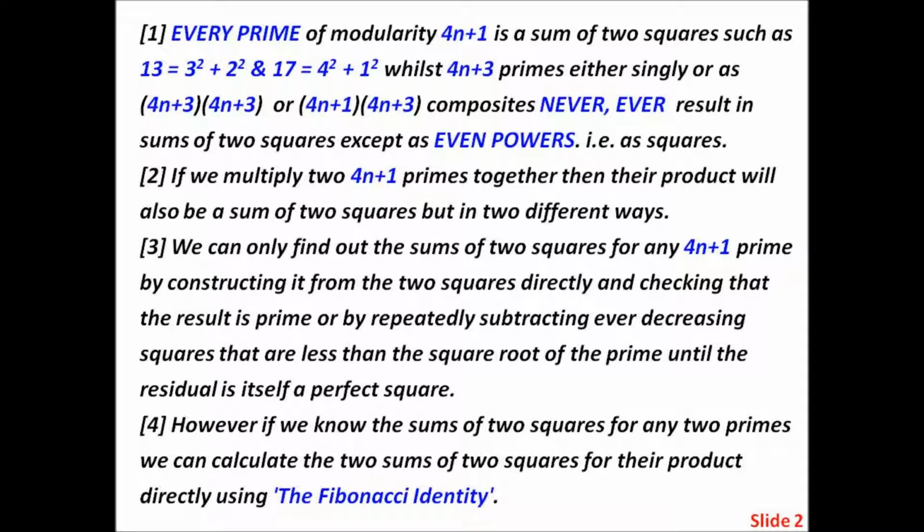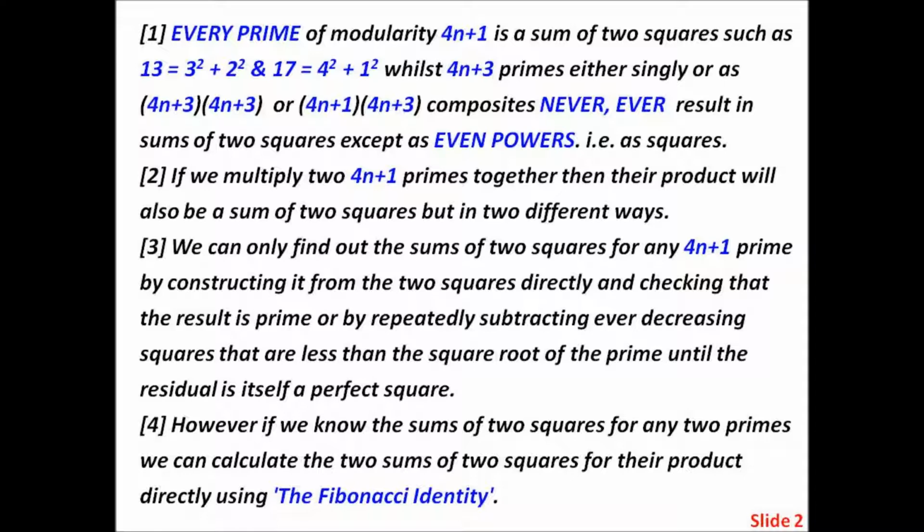1. Every prime of modularity 4n plus 1 is a sum of two squares, such as 13 equals 3 squared plus 2 squared and 17 equals 4 squared plus 1 squared, whilst 4n plus 3 primes either singly or as 4n plus 3 times 4n plus 3 or 4n plus 1 times 4n plus 3 composites never ever result in sums of two squares, except as even powers, i.e. as squares. 2.